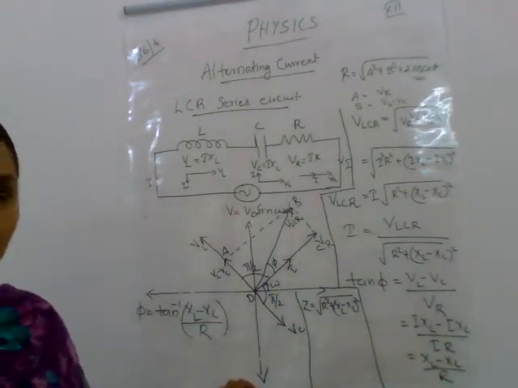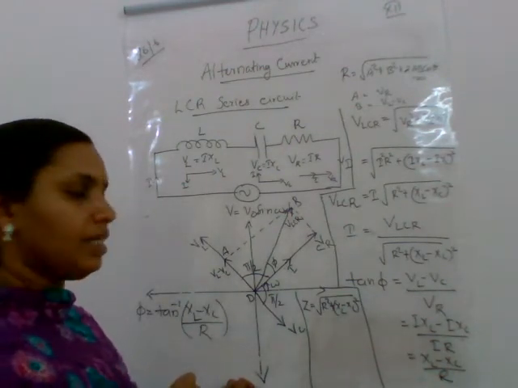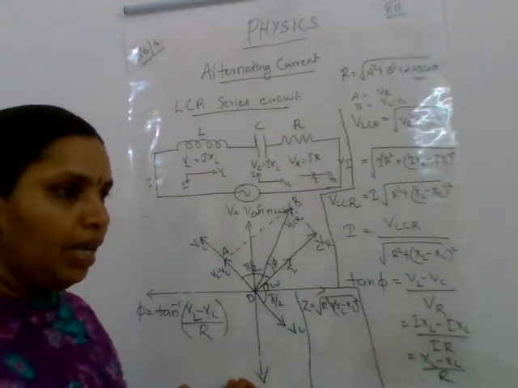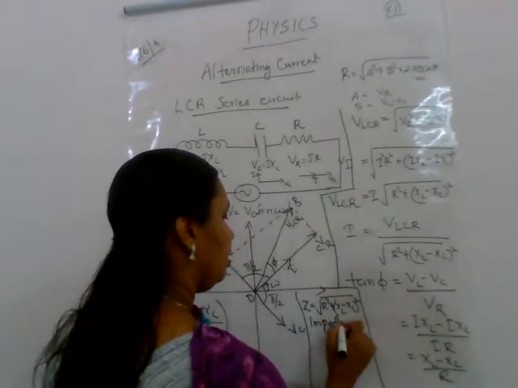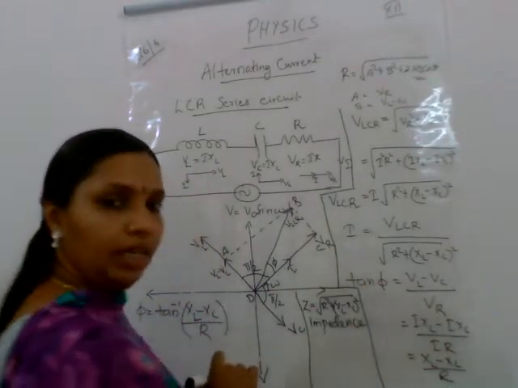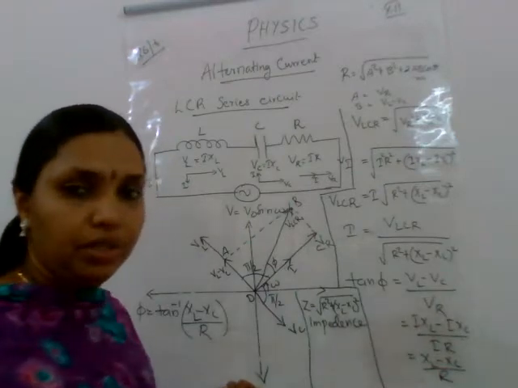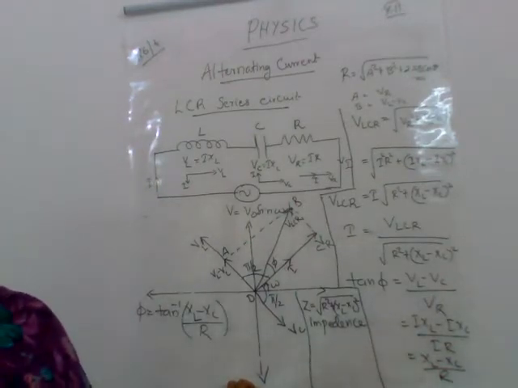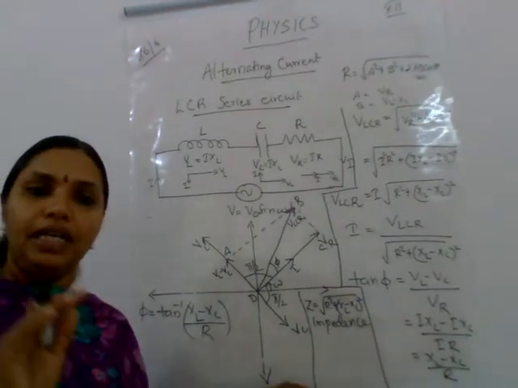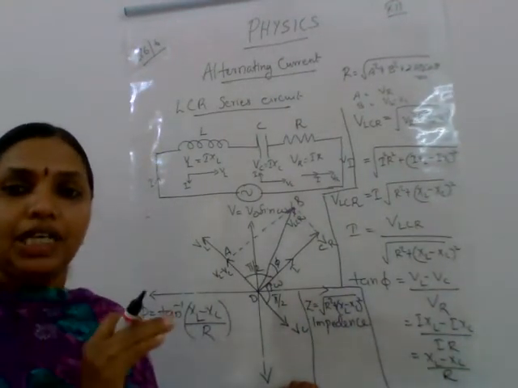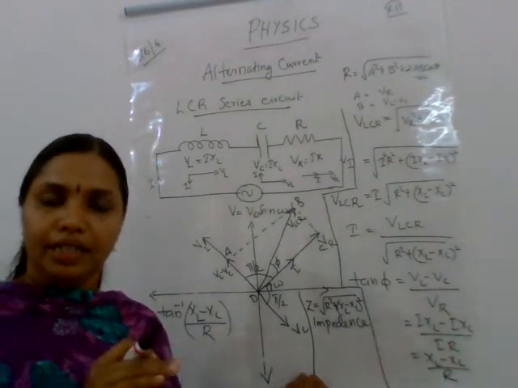Z is equal to root of R square plus XL minus XC the whole square, and it is known as the impedance of the circuit, the impedance of the series LCR circuit. But in the case of a resistor, the opposition offered is purely resistance. In the case of an inductor and capacitor, it is reactance.